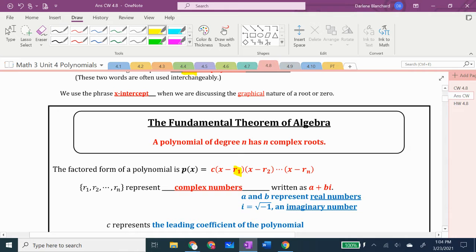So if you know the x-intercept, x minus that number is a factor. And just depending on how many factors there are, I have the dot, dot, dot in the middle. Then this is your leading coefficient. If you are not given enough information to have a known leading coefficient, just make it 1 to make your life easier.